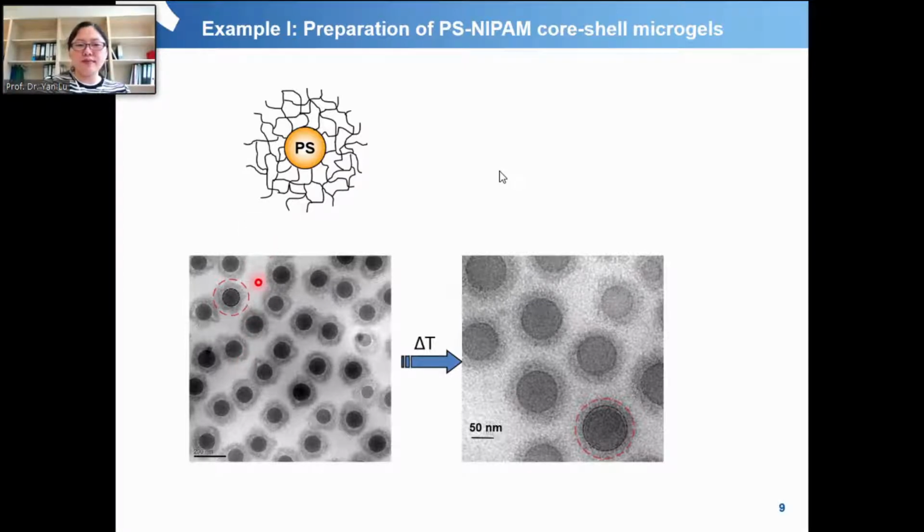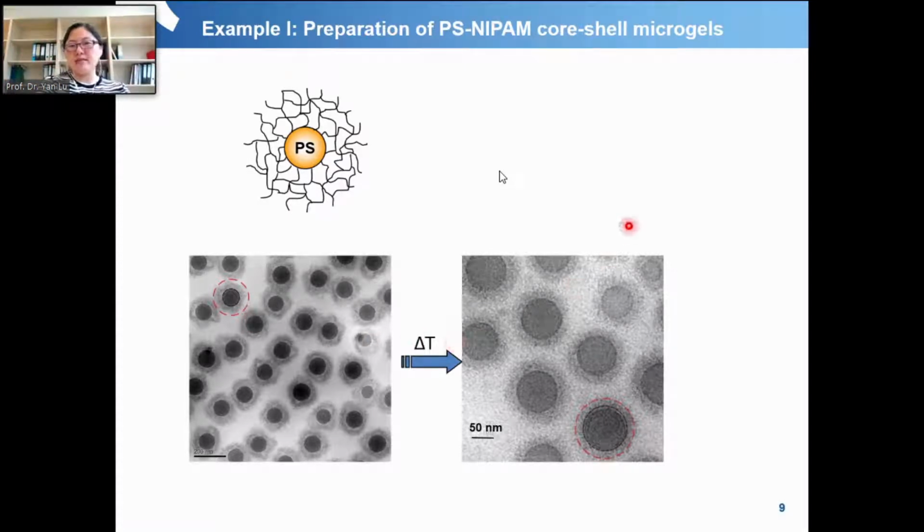From this image, you can see clearly the dark spherical particles, which are the polystyrene cores, with a corona around each core. This is the cross-linked PNIPAM network. You can even do cryo-electron microscopy with samples prepared at different temperatures. This one was prepared at room temperature, and you see the thick PNIPAM network as a shell.